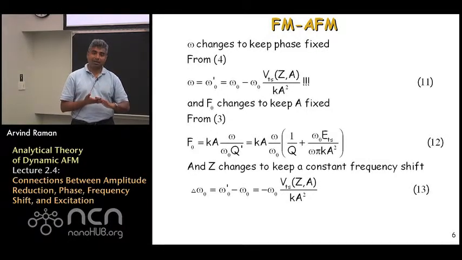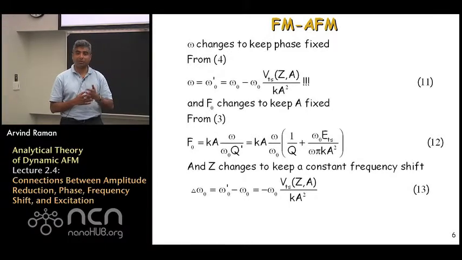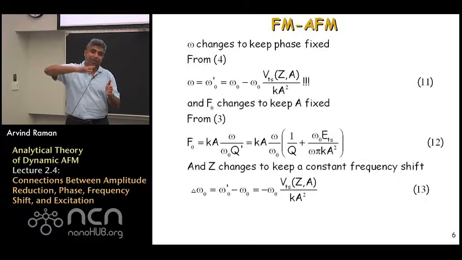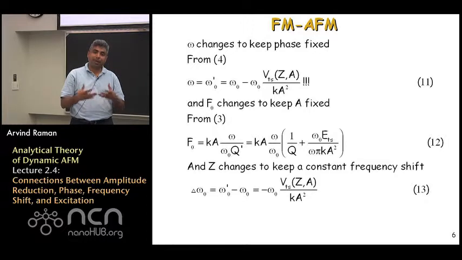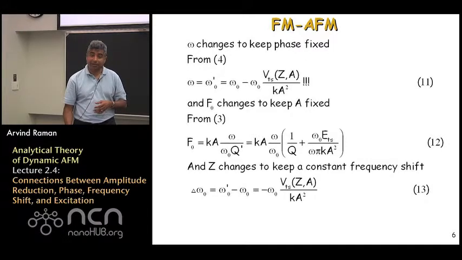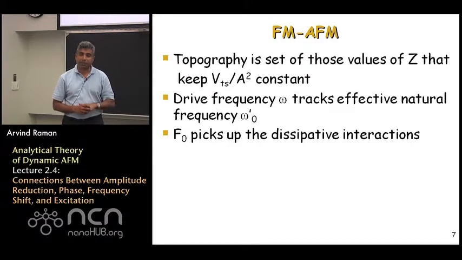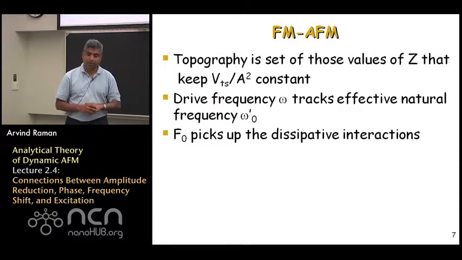Because omega naught and K are constants, we're really changing Z to keep the ratio of virial divided by A squared constant. So when one scans the sample, we're moving the base of the cantilever up and down in order to maintain a constant frequency shift and therefore a constant value of the virial divided by A squared.